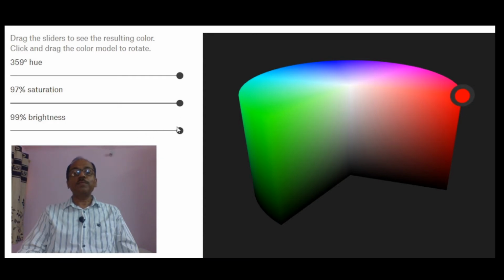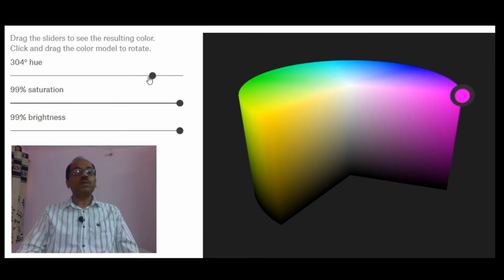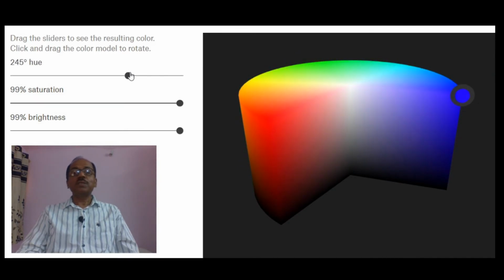You are seeing that the color brightness is on the y axis as a percentage. Likewise, the saturation is also in percentage mode, on the x axis, moving horizontally on the object, whereas the hue, how angularly it changes, the object is being changed, you are seeing on the screen. It is given in degrees.